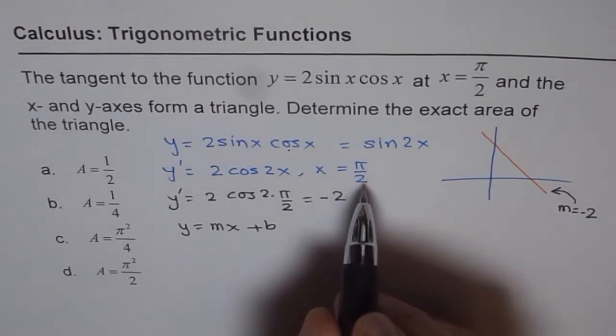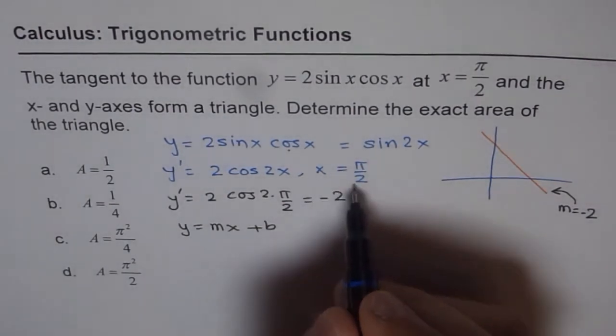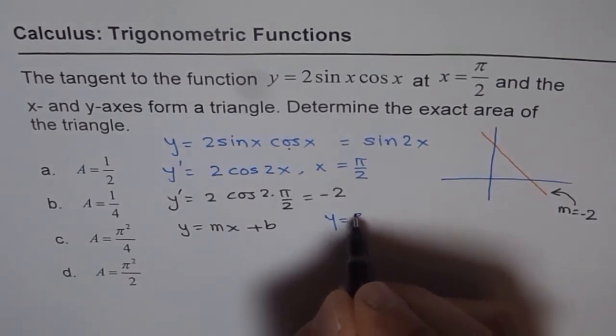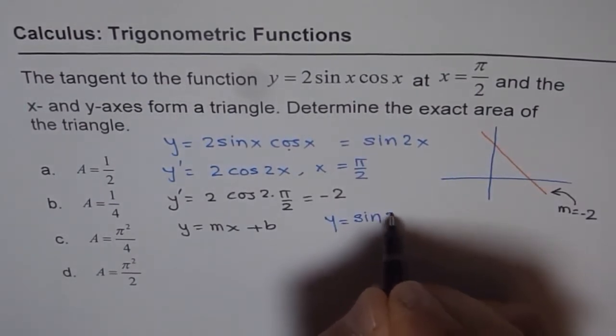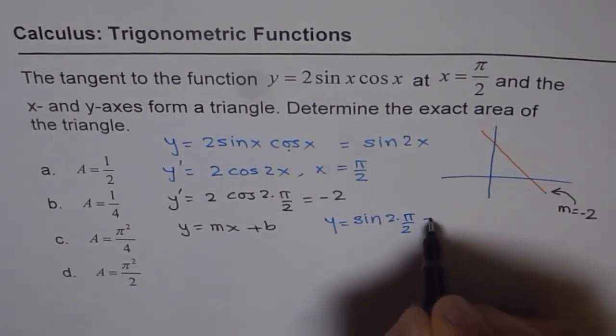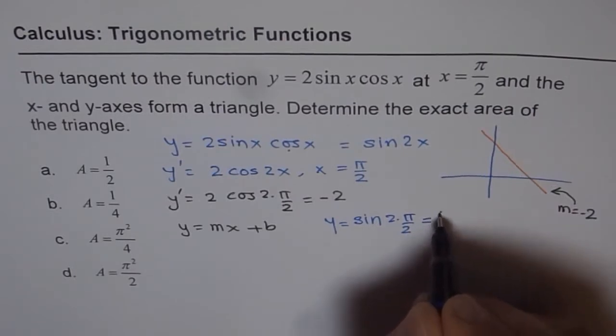So let's figure out what y is at x equals pi by 2. At x equals pi by 2, y equals sine of 2 times pi by 2, right? So that is sine of pi, right? Sine of pi is 0, so it is 0.